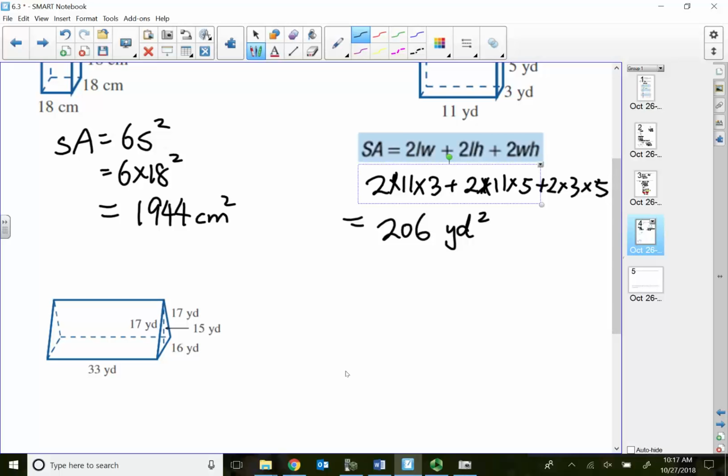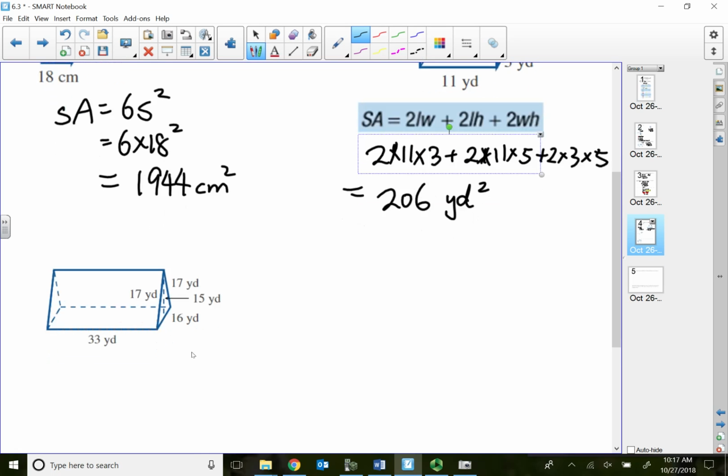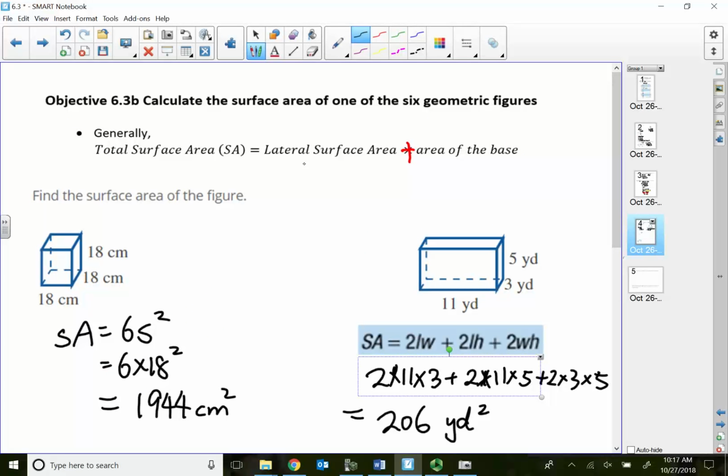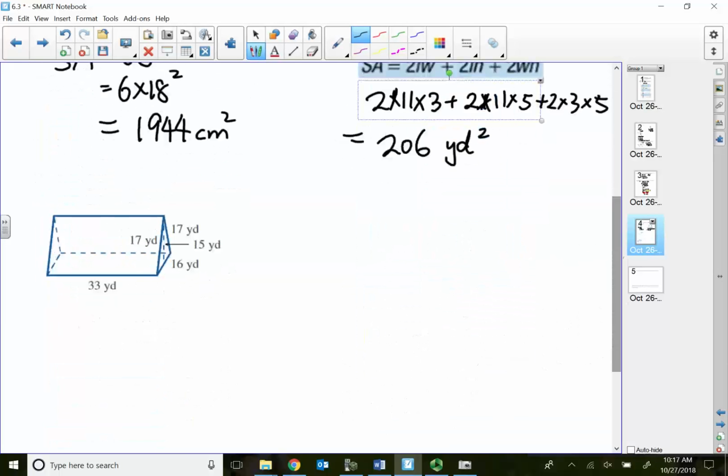Ooh, this one is a bit tricky. This one is just like the one we saw in the previous video. This is actually a triangular prism, or triangular solid. I will have to show you how to do this by using the general idea. Total surface area is lateral surface area plus area of the base.